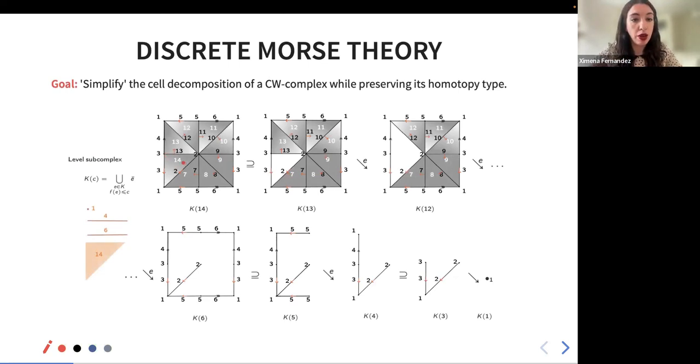Every time you have a critical cell in the level complexes, you change the homotopy type, but non-critical cells come in pairs that are associated to collapses. Every time you have a pair of non-critical cells, you can remove them from the level complexes and you don't change the homotopy type. So you have two different kinds of situations.